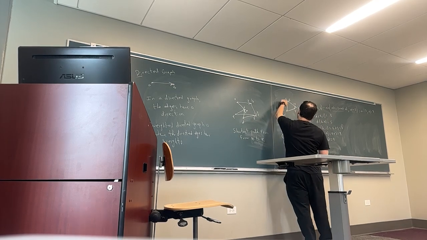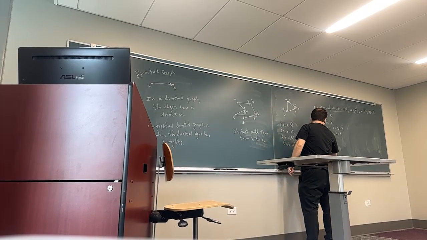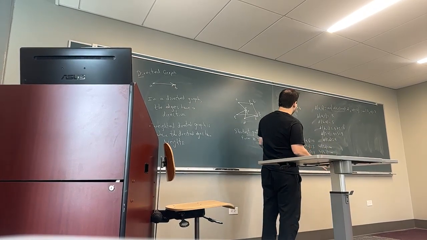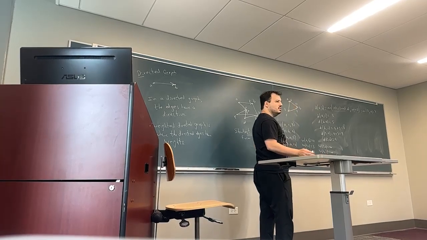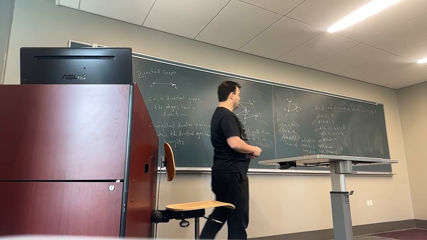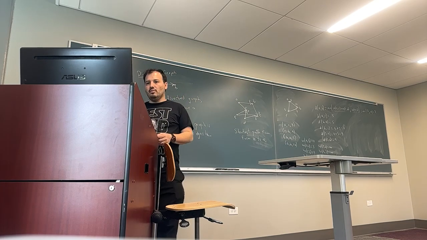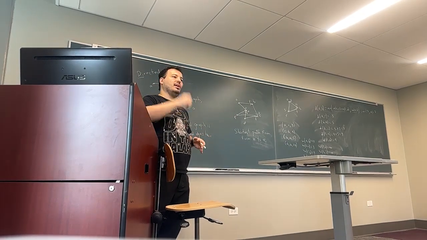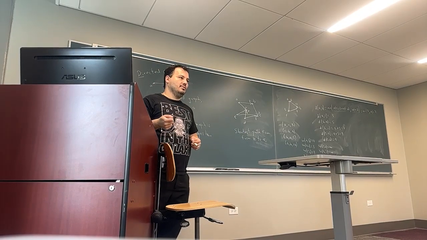So there's no C to A, there's no B to C. Those are the only ones that are not there, right? So to be able to implement Dijkstra's algorithm, you add these infinity values to any directed edge that doesn't exist there.